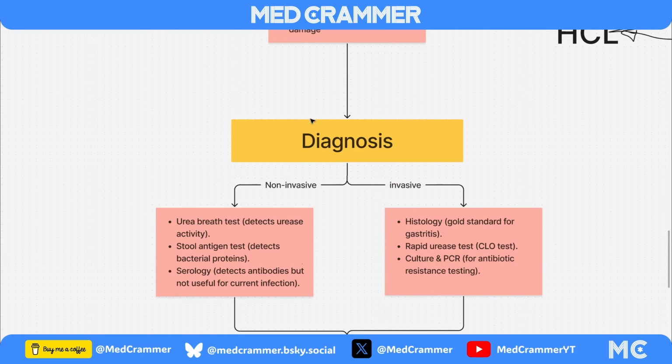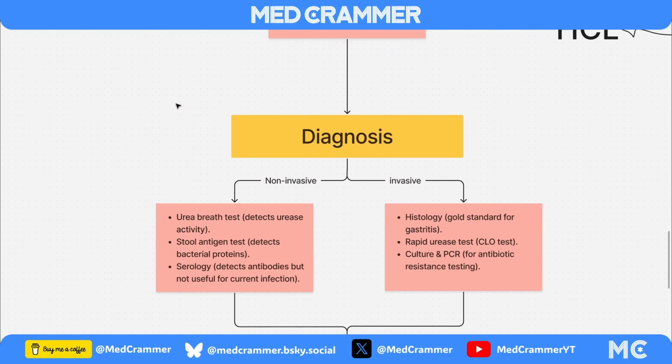Okay, now let's talk about the diagnosis. Now, there are two categories: some are invasive, and some are non-invasive. Invasive methods include taking samples from the stomach tissue itself, like a biopsy.